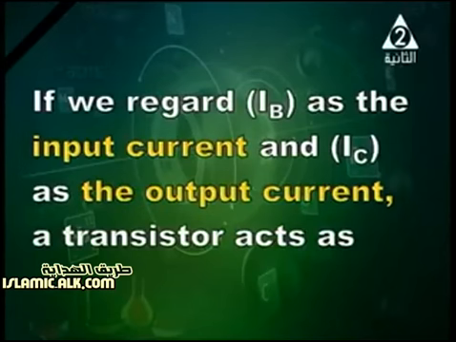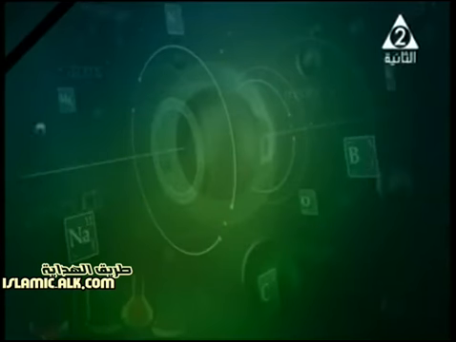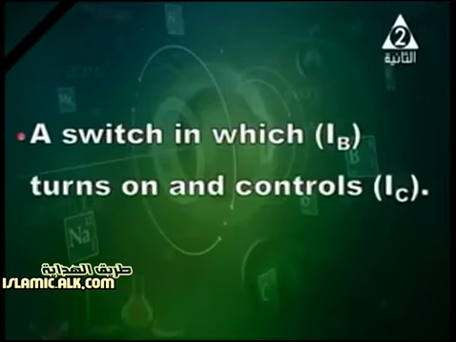Once again, if we regard I base as the input and I collector as the output, a transistor acts, first of all, as a switch in which base current turns on and controls collector current. So the first function of the transistor is that it acts as a switch.